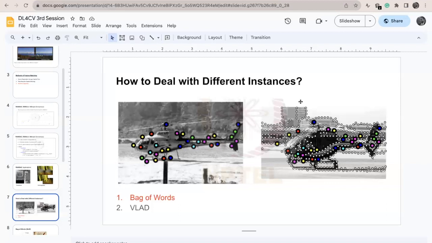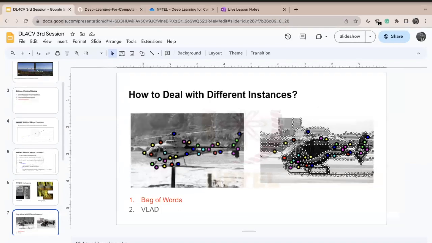This was the problem that people faced when they tried to deal with this helicopter. But then we came across these two algorithms, out of which we will be discussing one today.